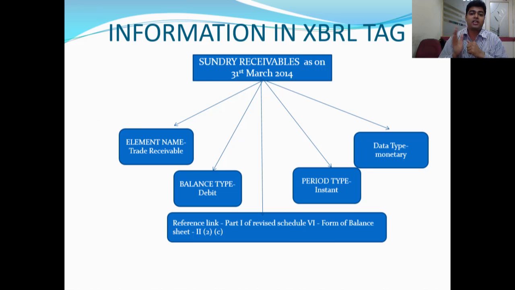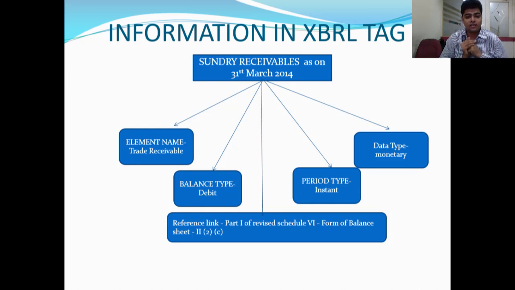Now coming to the next part, that is data type. We have various data types like monetary, share item type, string, and text block, but here sundry receivables represents some amount. That is why the data type is monetary. The last is the reference link, from where the term trade receivables is taken. This is taken from the revised Schedule 6.